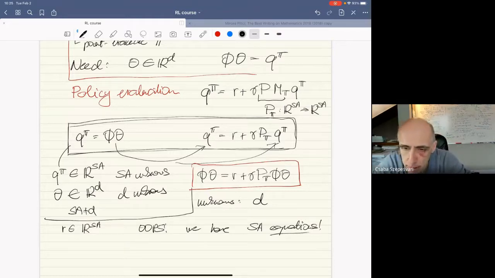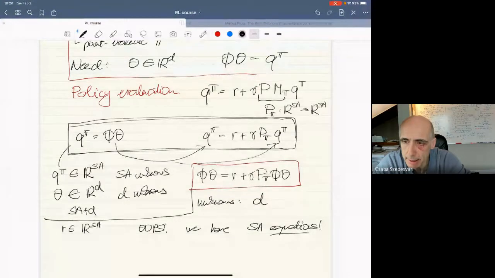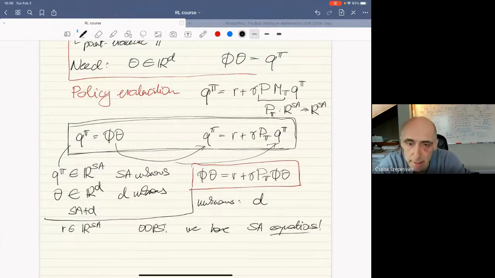What are we going to do? Can we solve a linear system that is written with SA equations, has D unknowns, in time D, or polynomial in D? It's like a weird system. It has lots of linear constraints, but very few unknowns.